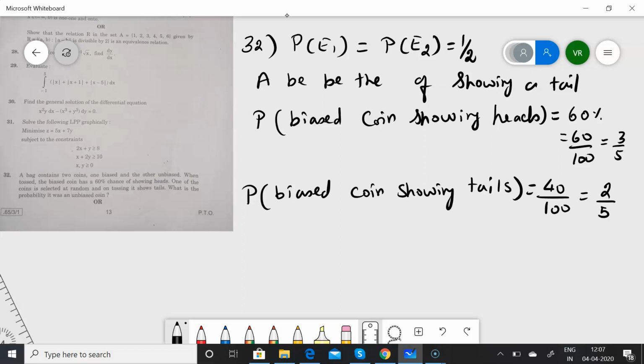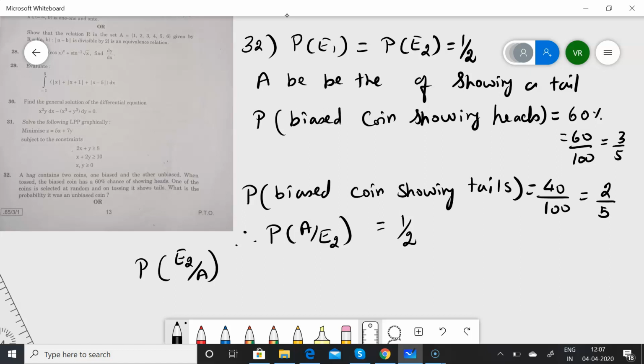Now he says the second coin is unbiased. The probability of showing tails is always half. So the required probability is P of E2 given A. Since the second coin is unbiased, the probability of showing tails is always half. Therefore, P of A given E2 is equal to half.